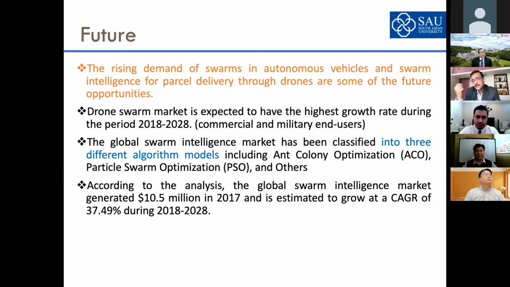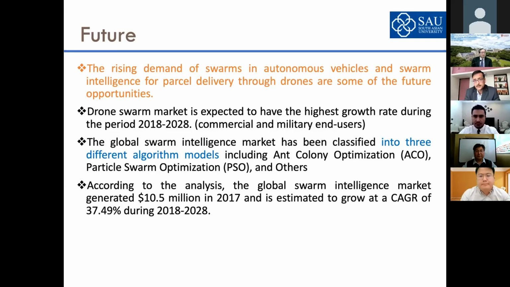If the aural signature is very high, the enemy will be immediately alerted. So these challenges are there. The future is very bright, and definitely one day we will have good technology to power the drones.